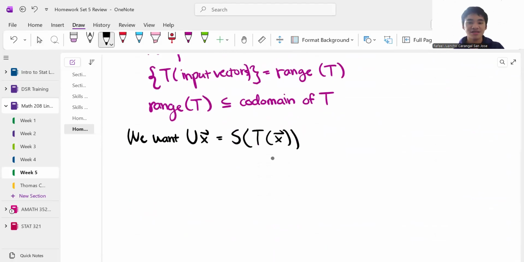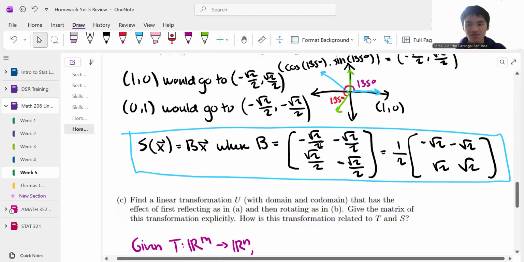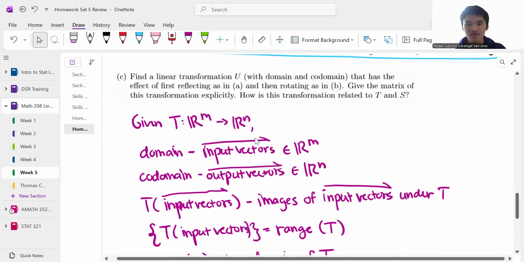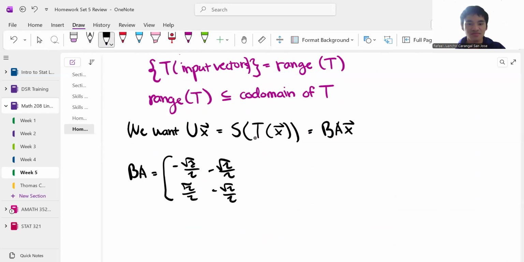Now we actually already have a nice idea for this. And that one we can solve, which is BA. Now BA is just the matrix B times the matrix A, so it's actually easy. So this is the matrix for reflecting.